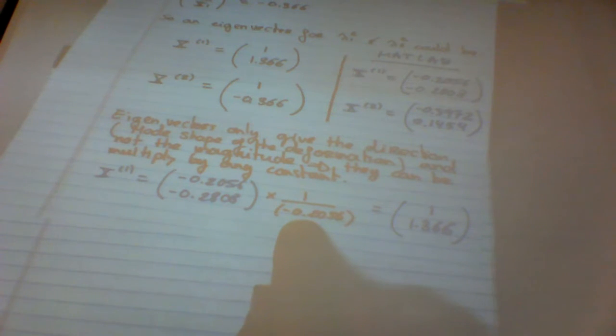Yeah. Oh yeah, because we're already taking the negative when you do it the other way. And now we want to multiply this one by basically 1 by the negative of 0.3972. And by doing this, we get the same as the other one, which is 1, negative 0.366. Is that correct? Mm-hmm. With my other page. Yeah.